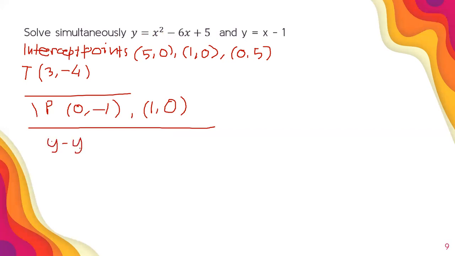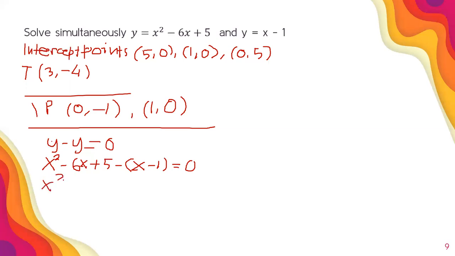y minus y equals 0. So it means x squared minus 6x plus 5 minus (x minus 1) equals 0.